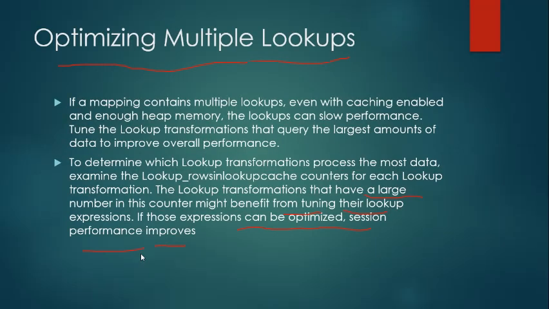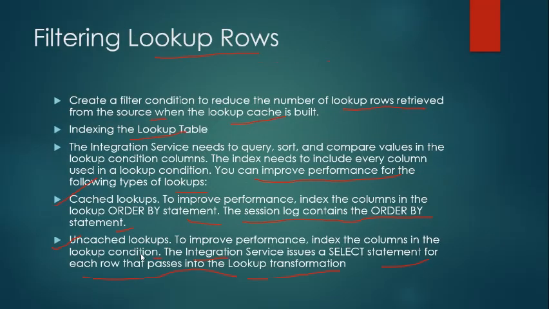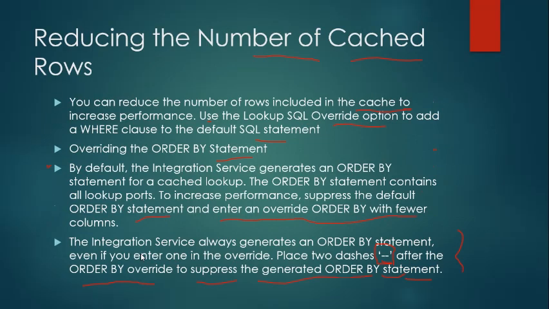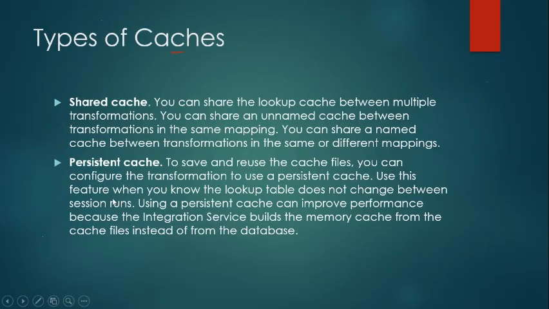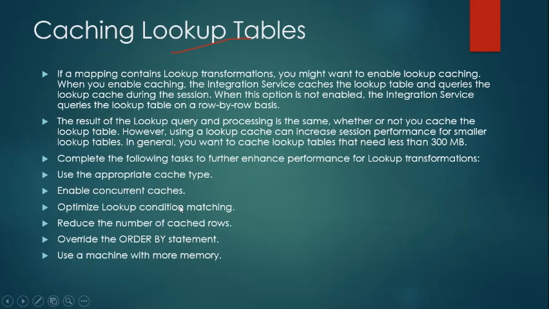So this is all about how to optimize lookups. I'm summarizing the points we covered: how to cache, enable concurrent cache, optimize lookup conditions by using the sequence, reduce the number of cached rows, override the ORDER BY statement, and use a machine with more memory.